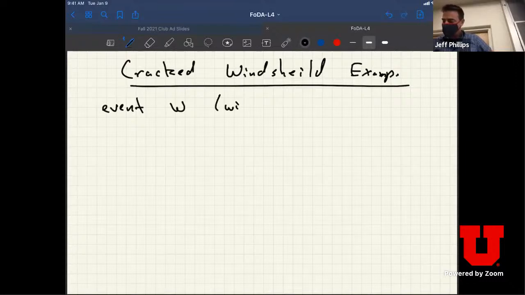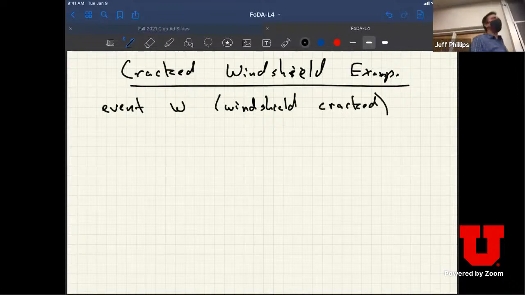windshield was cracked. Is it I before E or E before I? I before E? Yeah, okay. The windshield was cracked, and I wanted to blame someone.